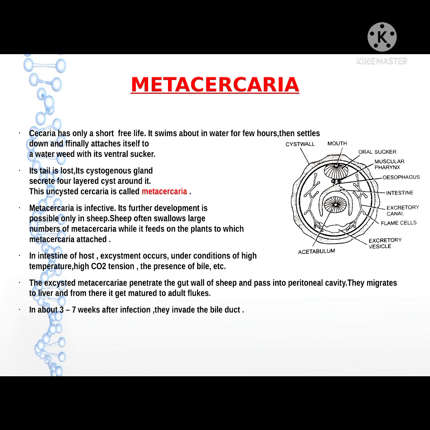In the intestine of the host, excystation occurs under conditions of high temperature, high carbon dioxide tension, the presence of bile, etc. The excysted metacercaria penetrates the gut wall of the sheep and passes into the peritoneal cavity. They migrate to the liver and from there mature into the adult fluke. In about 3 to 7 weeks after infection, they settle in the bile duct.